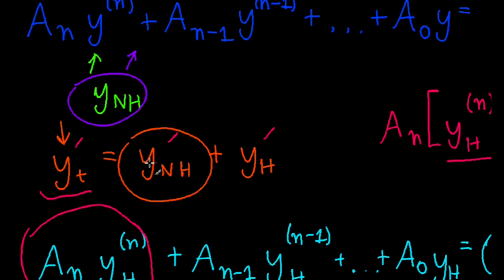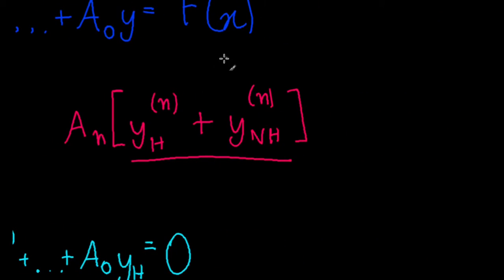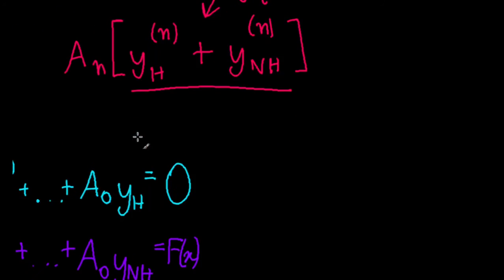We could even do the second derivative the same way, and I think you see the trend. This pattern is going to go on forever, so for any derivative this is going to work. The nth derivative of these two, if we just add them up, is the nth derivative of this test function of ours.